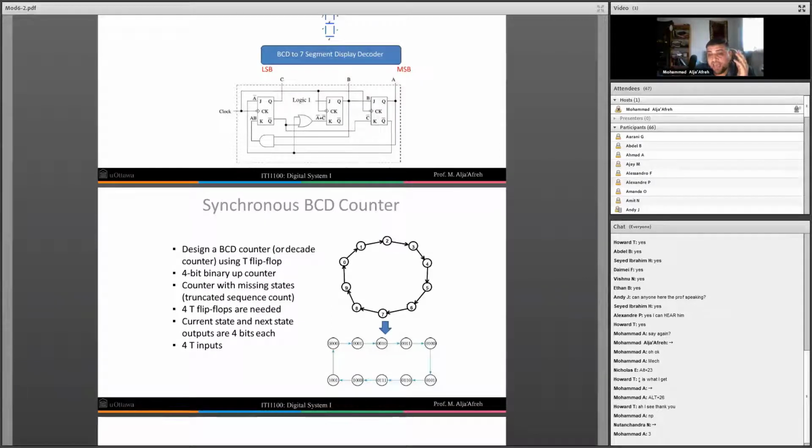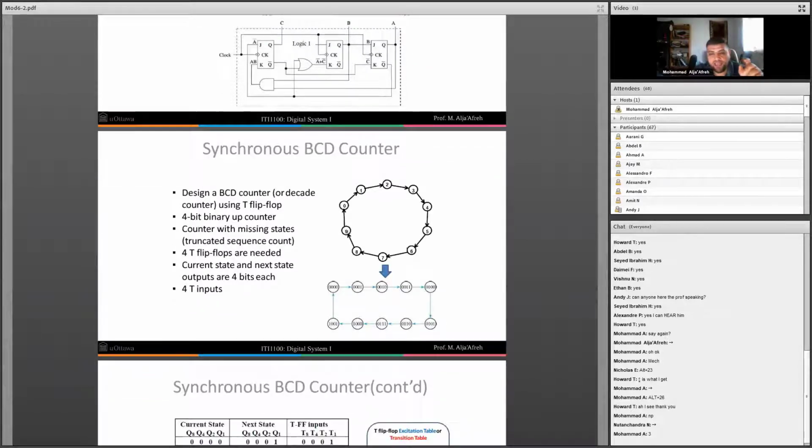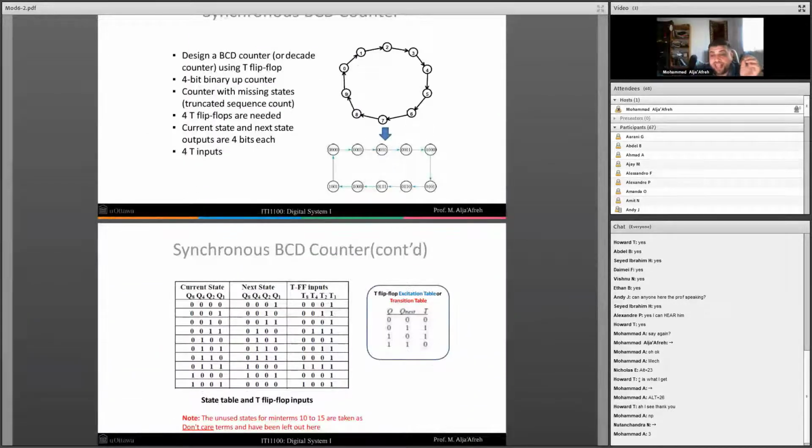Now when I am at state 10, 11, 12, 13, 14, 15, I am in the indefinite state, so it's undetermined. My machine should not go to that state, therefore I'm gonna put X.